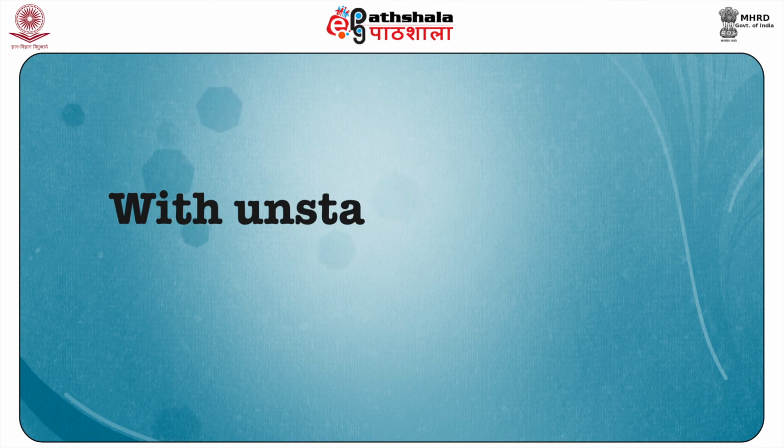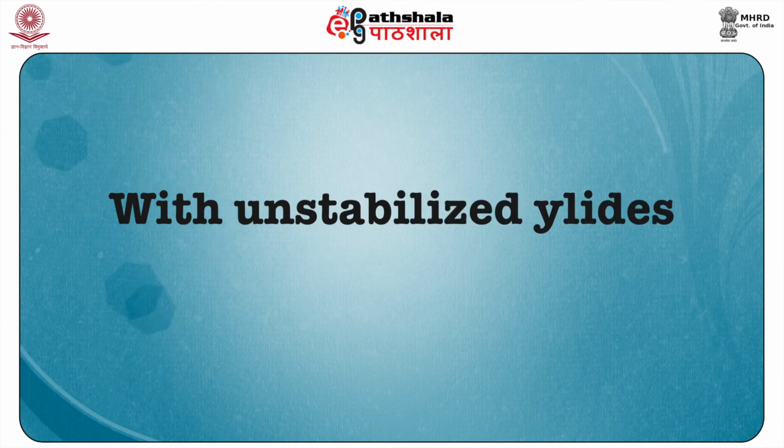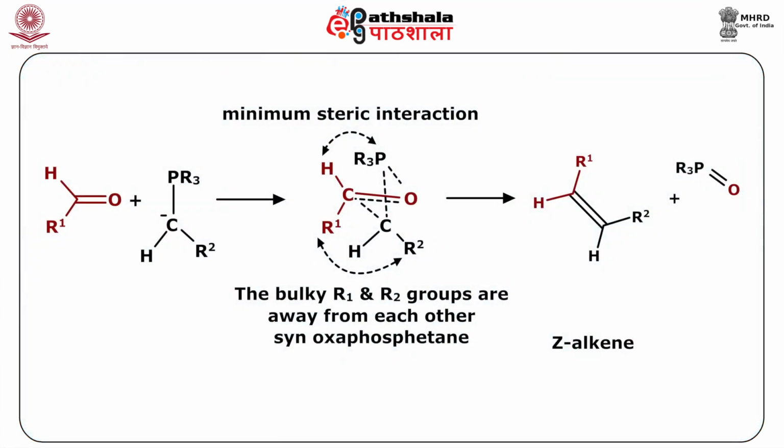First of all, let us consider it with the unstabilized ylides. In the Wittig reaction of unstabilized ylides, Z alkenes are formed as the predominant product. The ylide approaches the carbonyl compound to form a 4-membered oxaphosphetane puckered ring in the intermediate state.